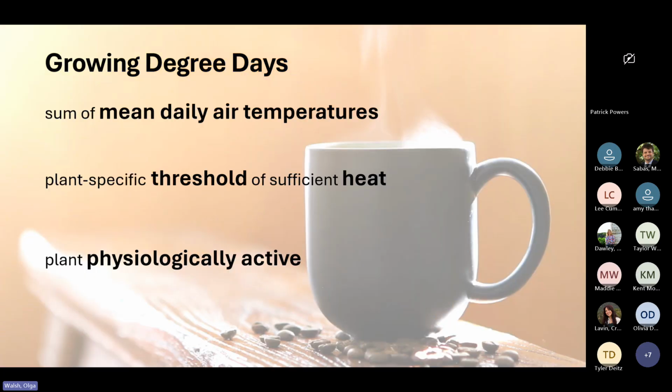So growing degree days is basically a sum of mean daily air temperatures above a plant-specific threshold of sufficient heat units, and that indicates the days when the crop was physiologically active.